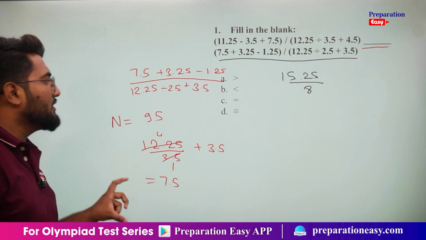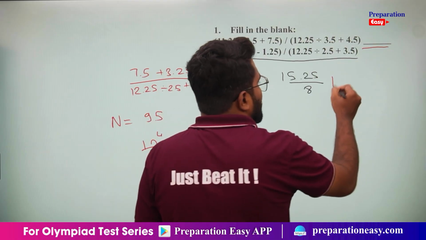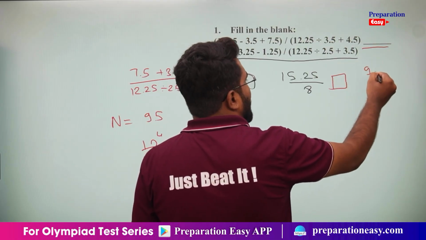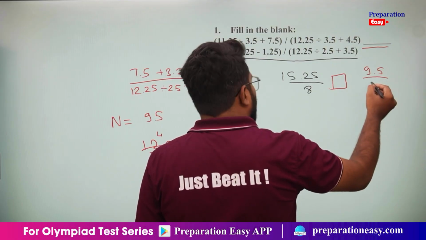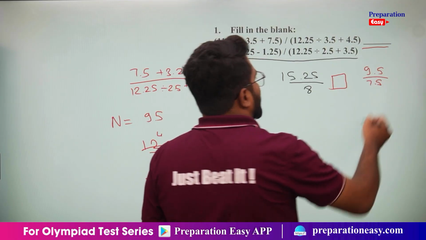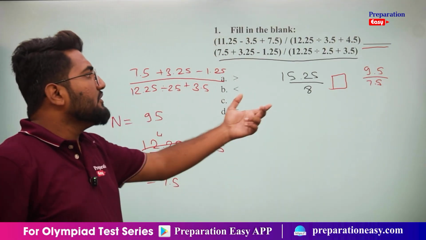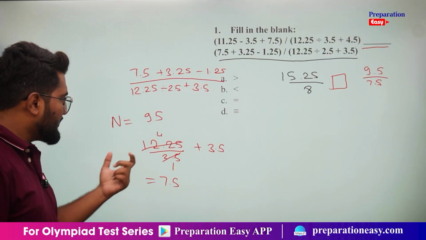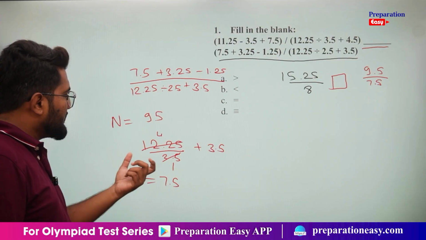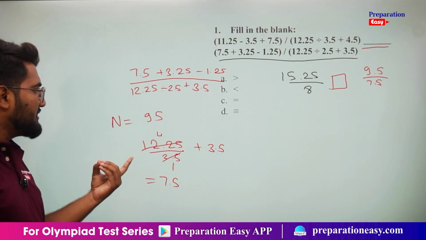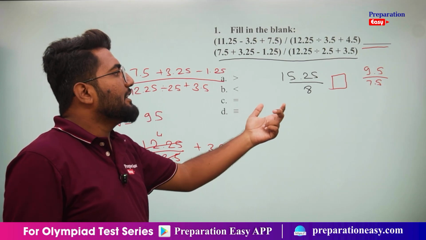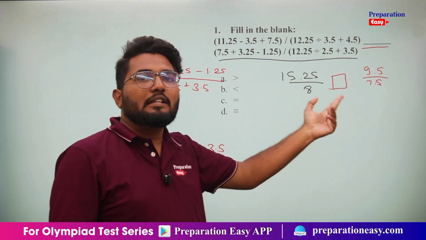So our next value is 9.5 divided by 7.5. Is there any mistake? No. So we compare 15.25 divided by 8 and 9.5 divided by 7.5.